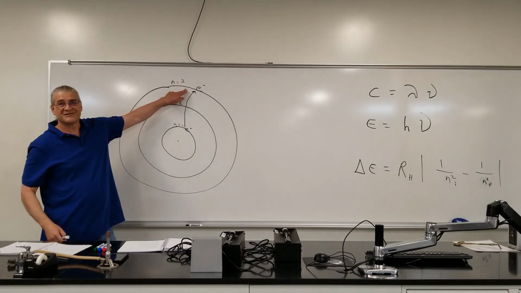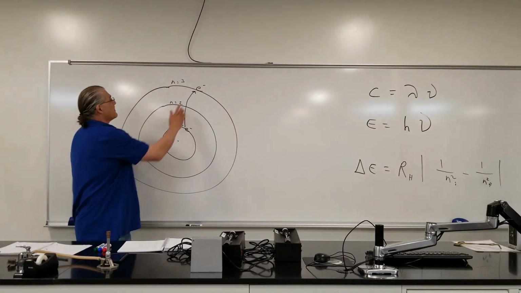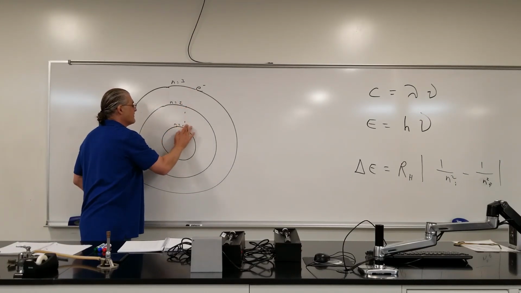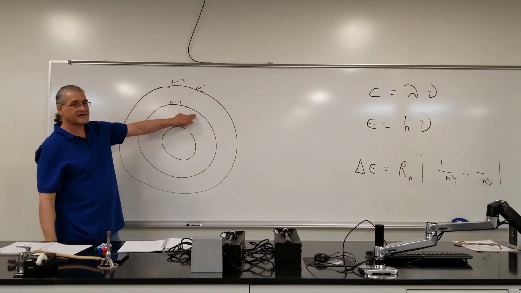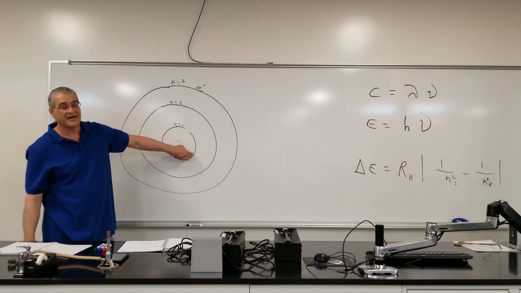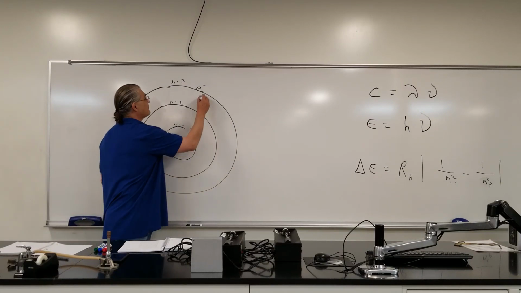Now he's got more potential energy. Eventually, the electron here can fall down to the second level. He can fall back down to the first. Let's say the electron transitions down to the second level.